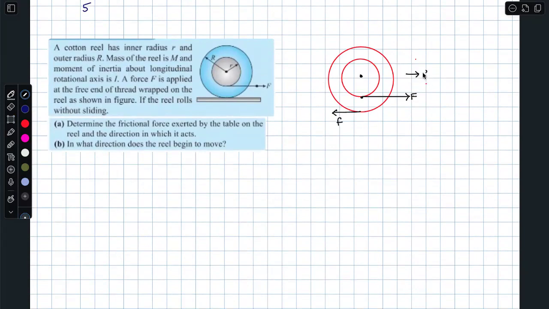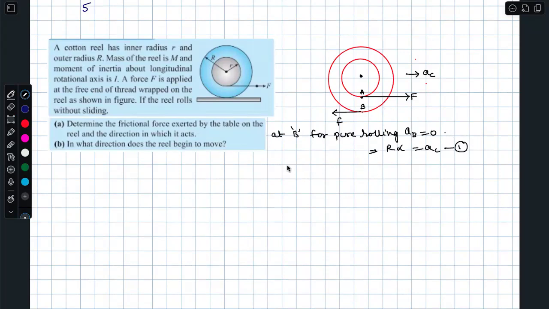Now what else? Rolling is pure, unknown AC. Let this point be A, let this point be B. So at B, for pure rolling, acceleration of B must be 0, implies R alpha must be AC, equation 1.